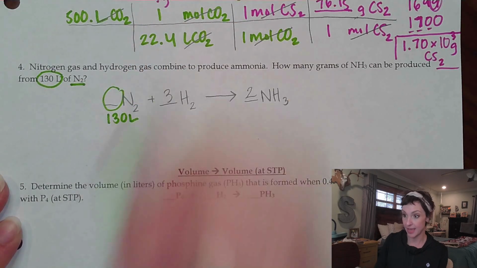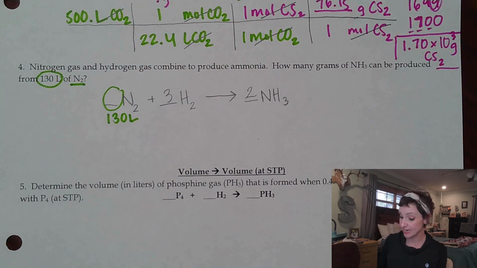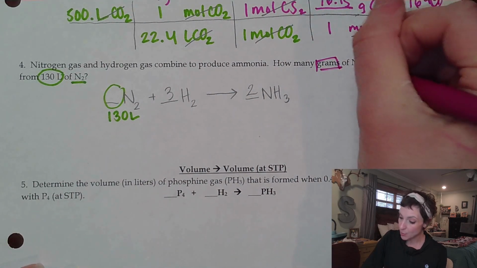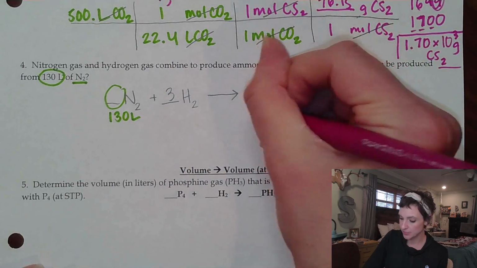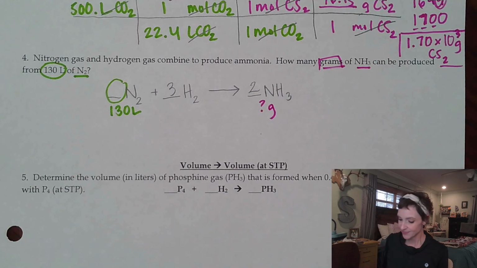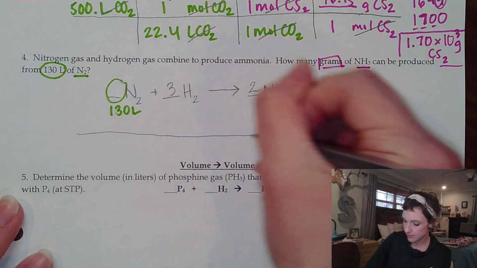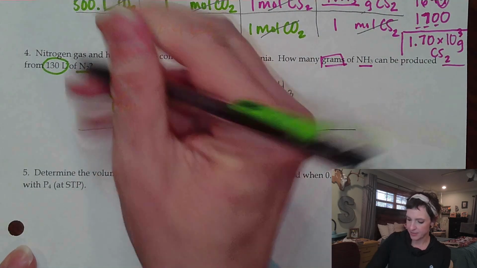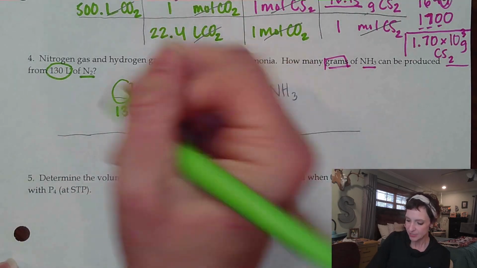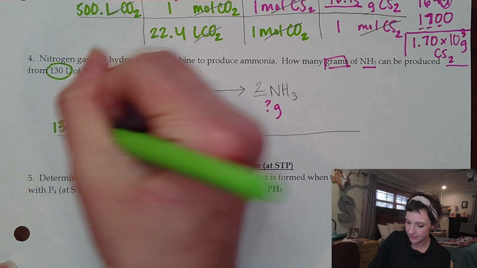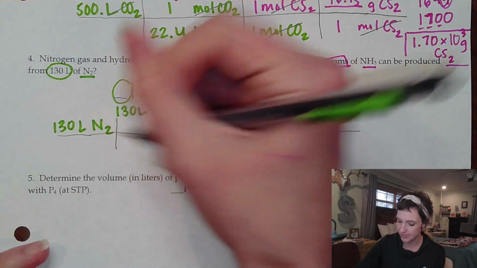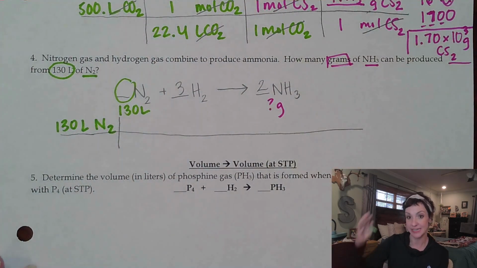I know I will need that for my mole ratio. Where am I trying to get to? Grams of who? Ammonia. So I'm going to ammonia, question mark, grams. All right, let's see. So we're getting ready. I may make that a little bit longer on this end since these problems take up a lot of space. So I have 130 liters of nitrogen. We're starting at liters, which means I need liters on the bottom to get to moles.